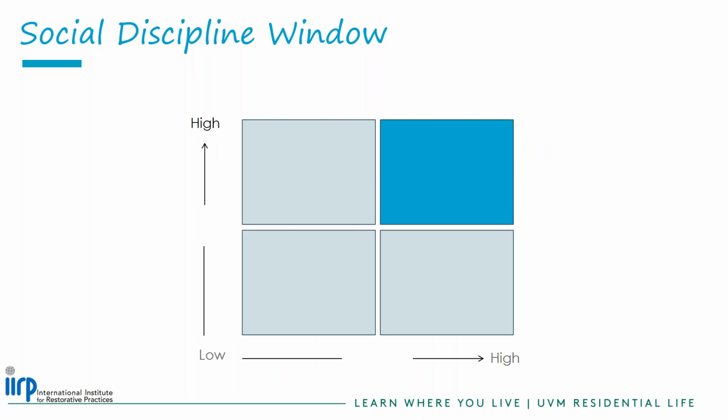So when we think about restorative practices, the social discipline window is 4 quadrants that operate on 2 main axes of control. That's thinking about limit setting, expectations, the boundaries that I'm putting into place, as well as support. How are we giving encouragement? How are we giving support? How are we giving care? How am I also working with you to achieve the expectations that I've set forth?